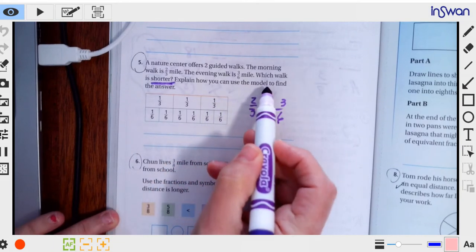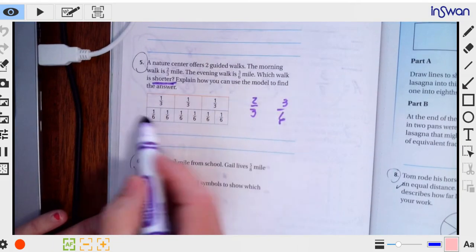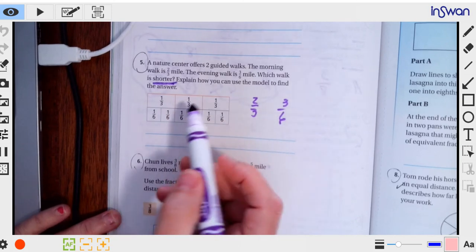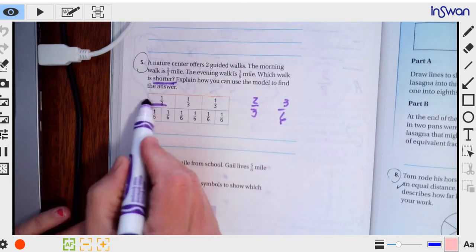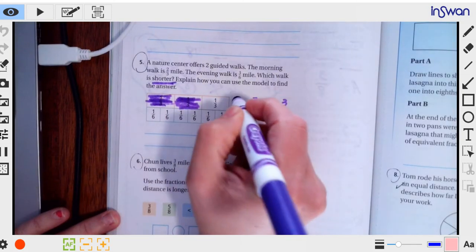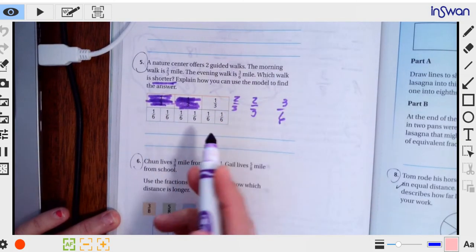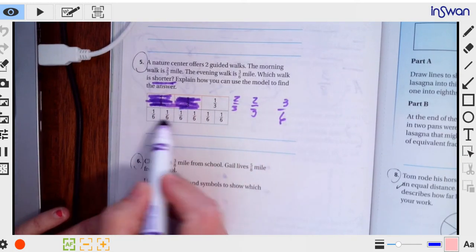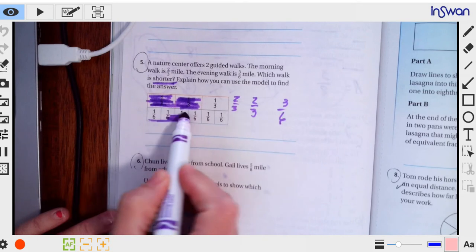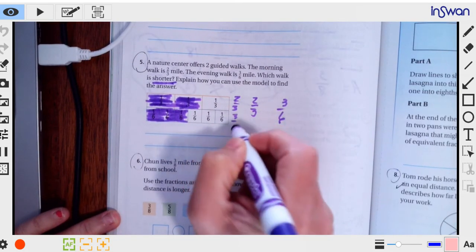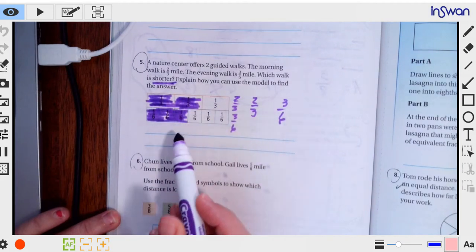Explain how you use the model to find the answer. Well, right here, it's got thirds and it's got sixths. So let's just go ahead and shade 2 of those thirds. This is 2 thirds. And then we're going to do 3 sixths. 1, 2, 3. That's your 3 sixths. Which one is shorter?